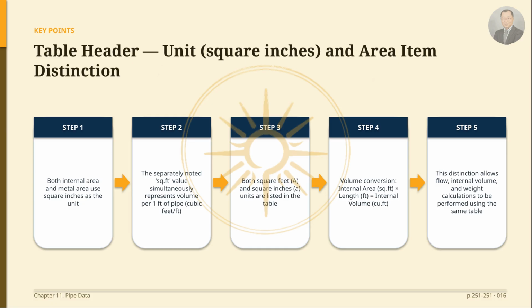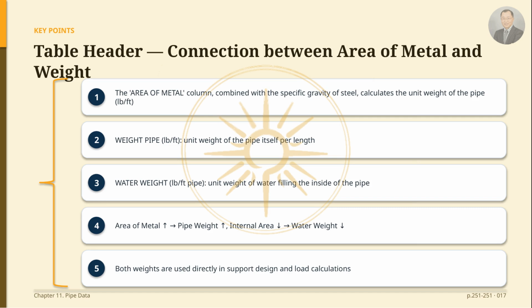That is why the table lists the uppercase item in square feet and the lowercase item in square inches side by side. The volume conversion is simple. Multiplying the square foot value of the internal area by the length in feet gives the internal volume in cubic feet. Thanks to this dual notation, flow rate, internal volume, and weight calculations can all be handled in a single table. I'll explain how the area of metal column leads to weight calculations.